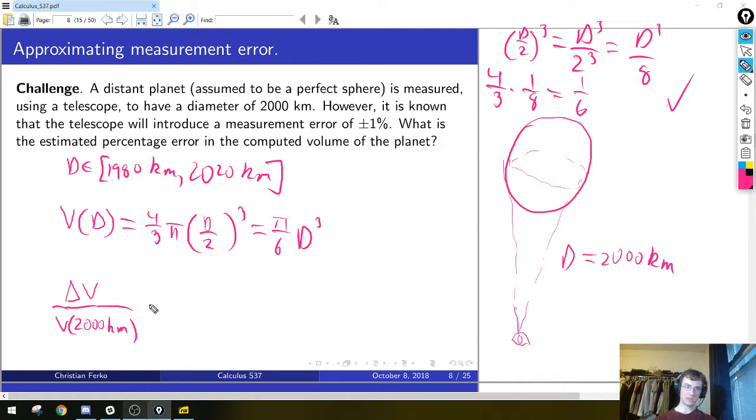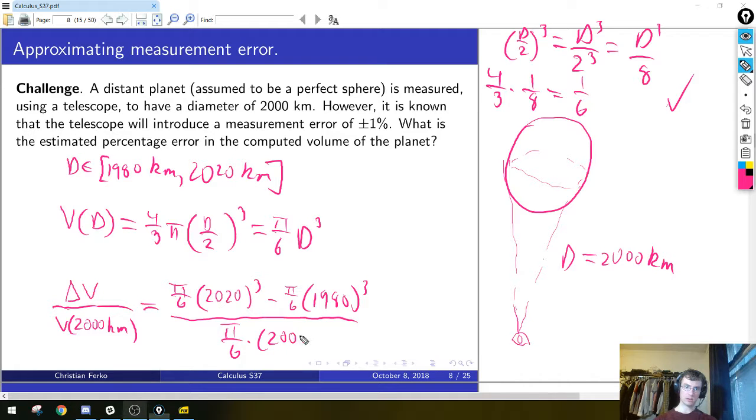Since this is the pi over 6, we would do pi over 6 times the big one, 2020. We'll have kilometers cubed upstairs and downstairs, so the units will cancel, so I'm just not going to write them. So we'll have this thing minus pi over 6 times 1980 cubed, over pi over 6 times 2000 cubed.